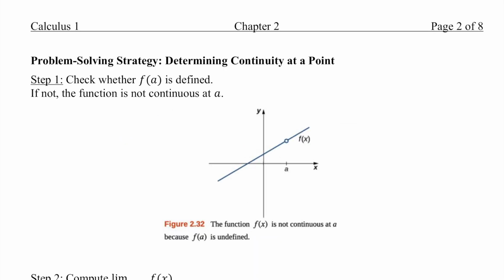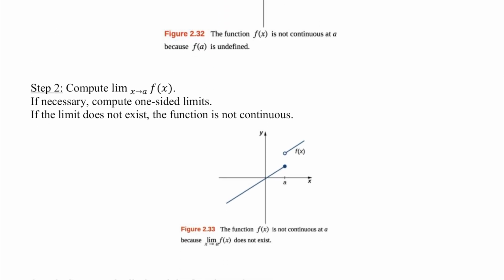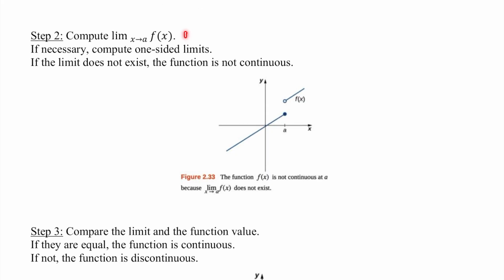Now that we know the definition of continuity, let's turn it into a three-step strategy we can use when solving problems. Step 1. Check if f of a is defined. If the function value does not exist, the function is not continuous. Step 2. Compute the limit as x approaches a.